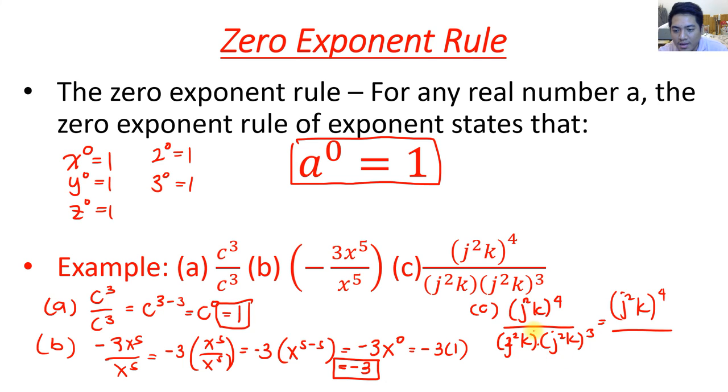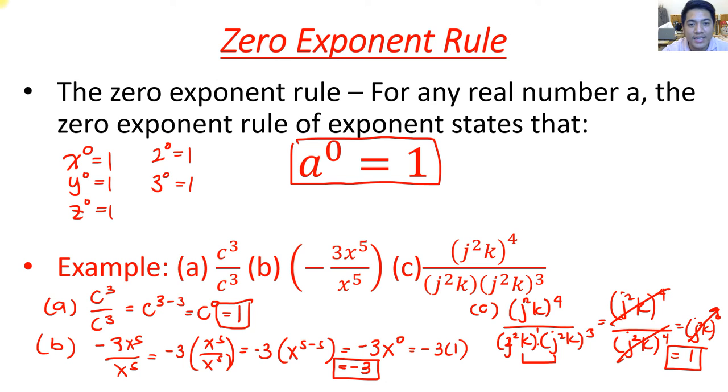J squared k is raised to 1, and j squared k raised to 3. So that becomes j squared k raised to 4 if we multiply these two. And after all, we know that this will be cancelled by the properties of exponents. That will lead us to j squared k raised to 0, and that raised to 0 would still be 1.